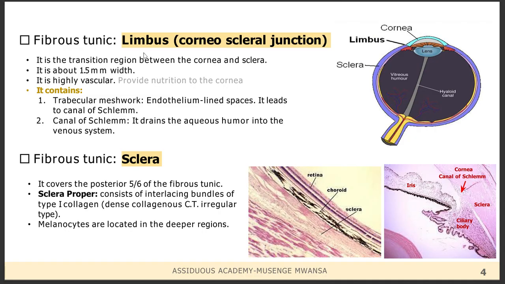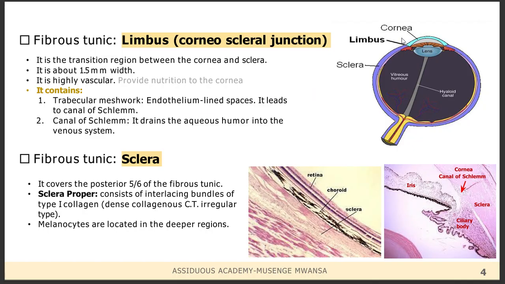So it's also known as the limbus. It's a transition region between the cornea and the sclera, and it's about 1.5 millimeters in width. And this place is highly vascular. It has got blood vessels, and that is to provide nutrition to the cornea, which is avascular, right?